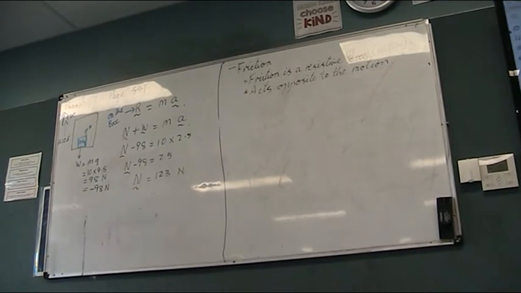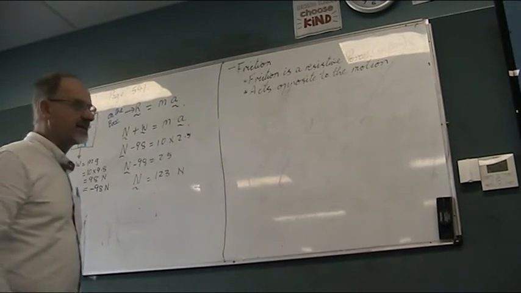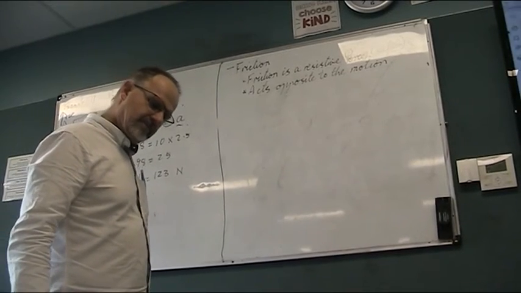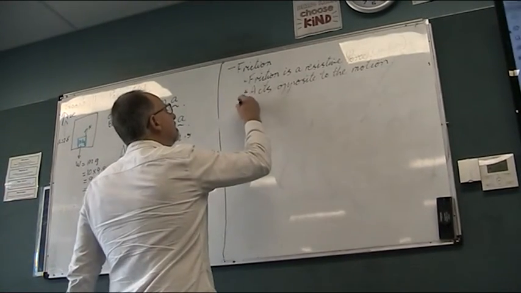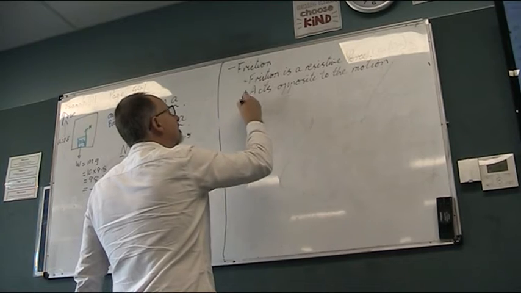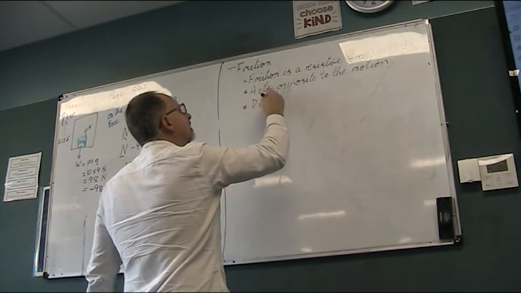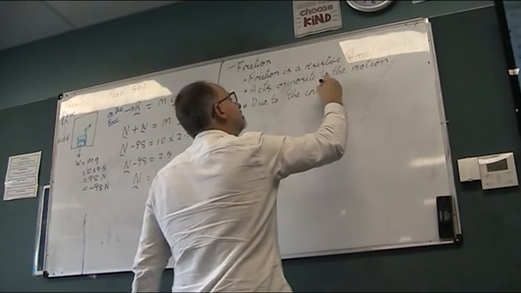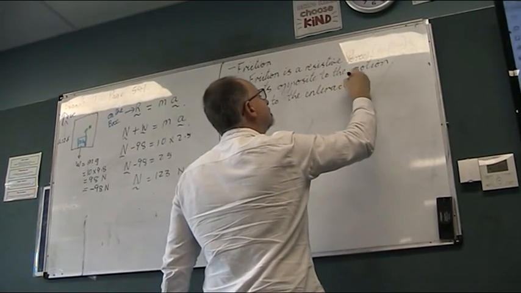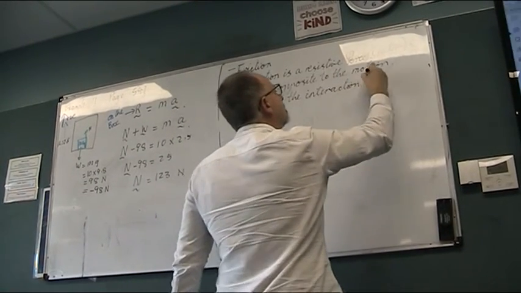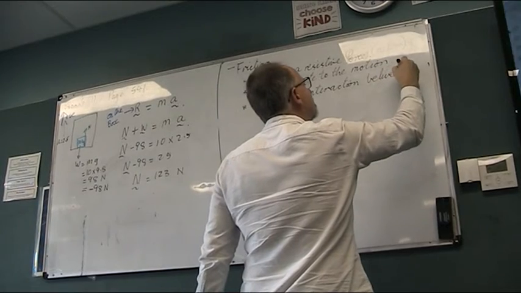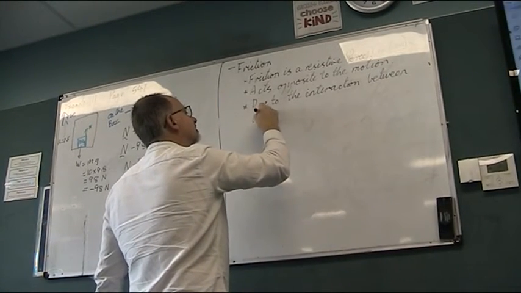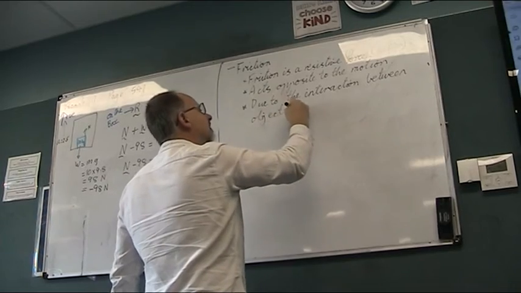All right, so if things are moving right, the resistive force acts to the left. And it's due to the interaction between the object and surface.